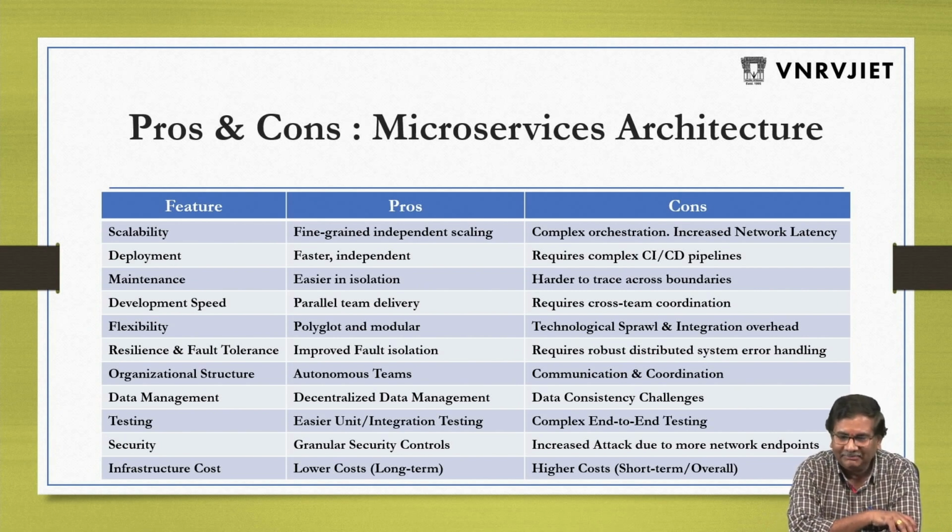Development speed: parallel team delivery, which you talked about, but it requires more cross-team coordination, which is actually good. It means a bit more talking time, but that is good because the liaison between the operations team and the development team is going to be more. Flexibility: polyglot and modular, we talked about it. You can use any technology, any language.